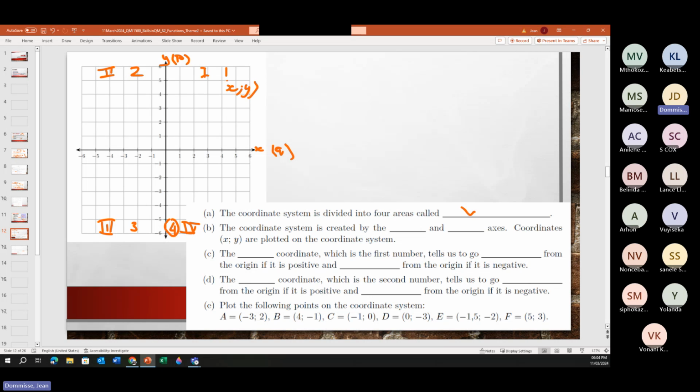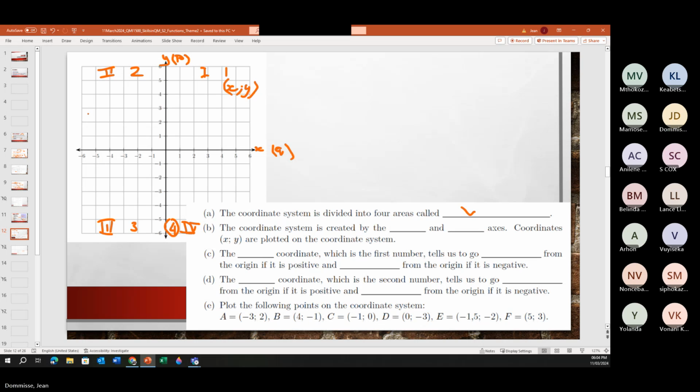In quadrant 1, X and Y are positive. In quadrant 2, as you can see, the X is negative, but the Y stays positive. So everything above that, the Y is always positive.